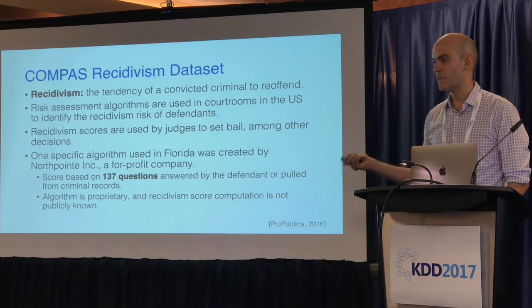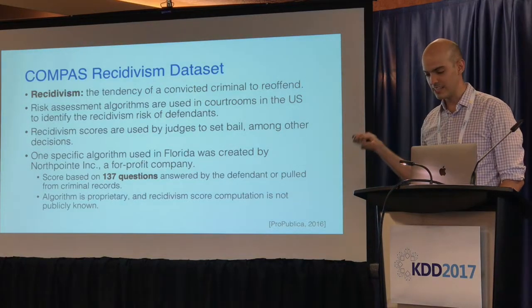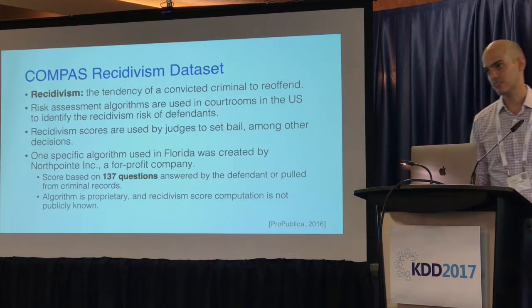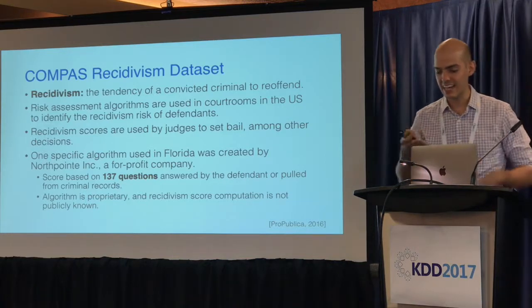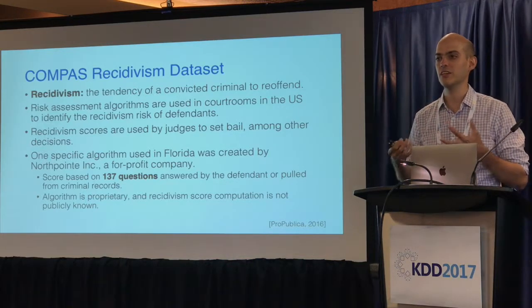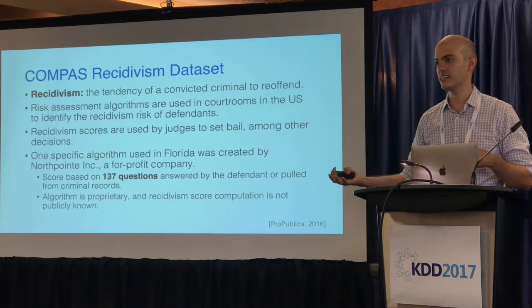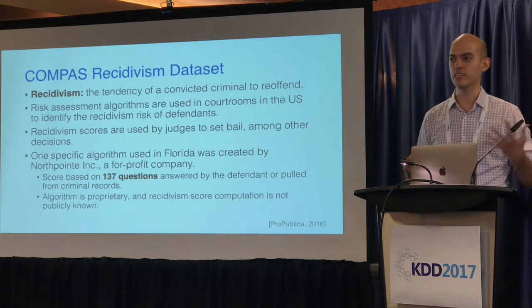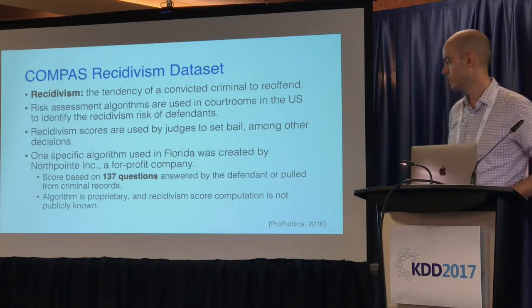And this algorithm, despite being used in legal decisions, it's a black box. It's proprietary. We can't really analyze how the algorithm makes this decision. But we can look at the scores that it assigns and look at how it's correlated with different social demographic factors.